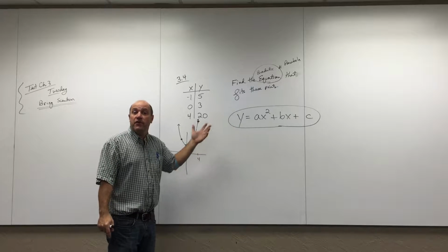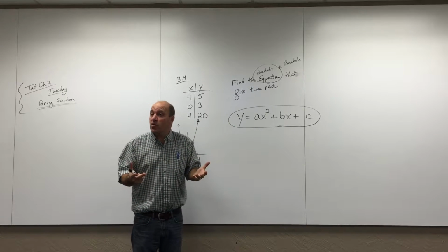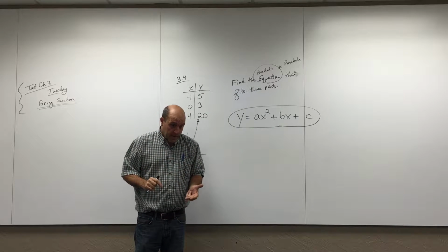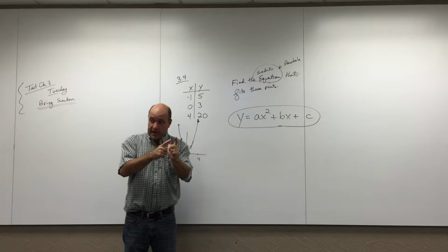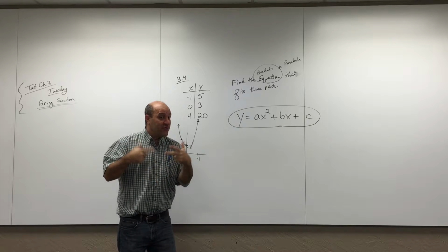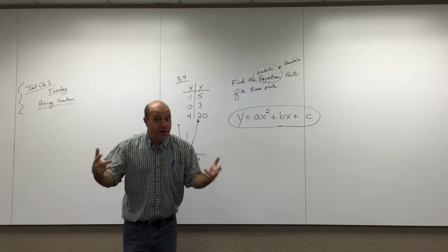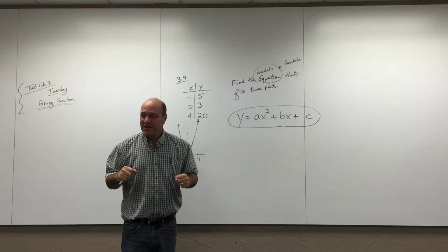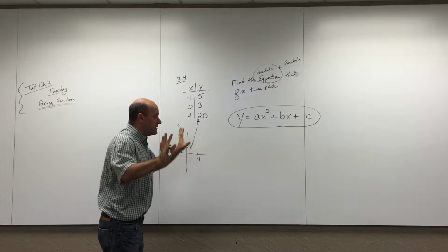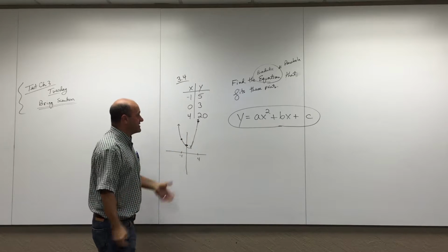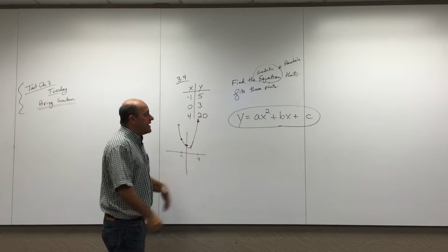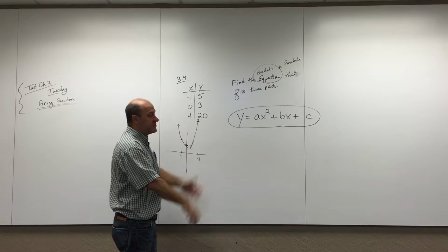If you plug them in for x and y, it'll lead you to an equation with unknown a, b, and c. Now that's 3 unknowns, but if you have 3 equations with 3 unknowns, it's solvable, maybe. So that's my strategy. In case you didn't hear that, I'm going to plug in these points for x and y and see what types of equations it generates.